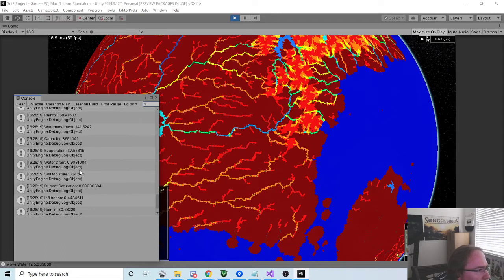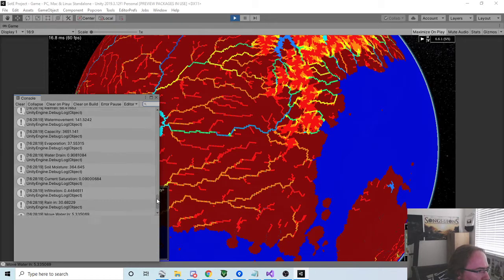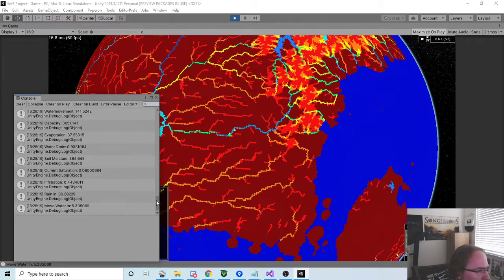Water drain is fairly small. Soil moisture, 3,648. Current saturation is extremely low. Infiltration, reasonable. Rain that went in, decent. Moving water that went in, not really meaningful, but not irrelevant.